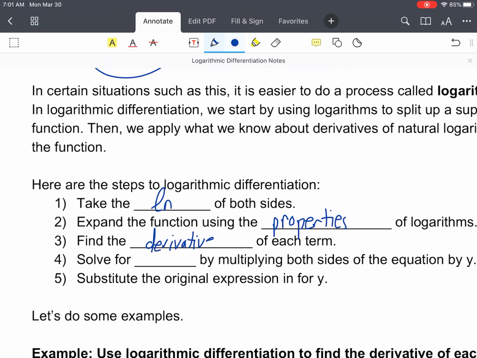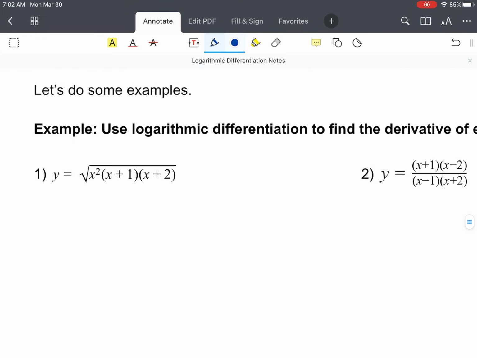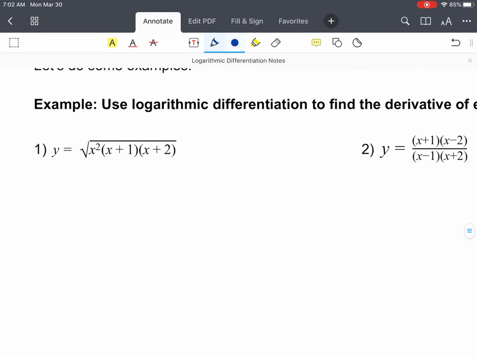Then we're going to find the derivative of each term. We're going to solve for dy/dx, just like implicit. And then we are going to substitute y back in. Now, none of that makes sense right now, but it will in a second. Just 3 examples today, and we're going to set ourselves up to have a pretty good weekend.